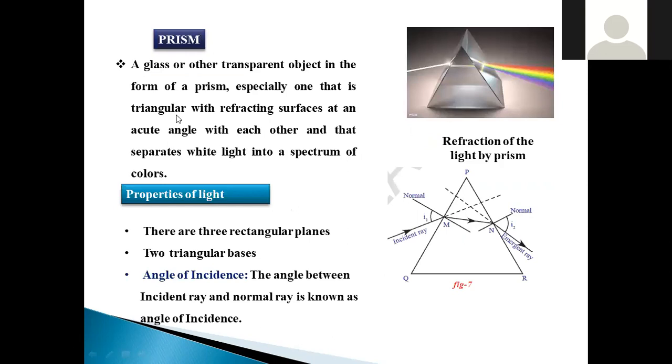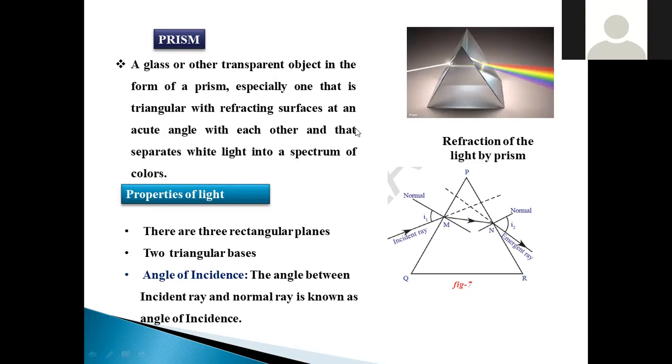Now let us see what is meant by a prism. A prism is a glass made of transparent material with triangular refracting surfaces. It has a triangular surface and an exact prism angle. When this is obeyed, only then is dispersion and splitting of light possible.